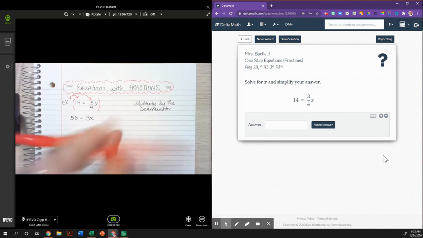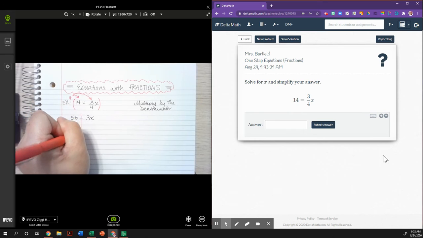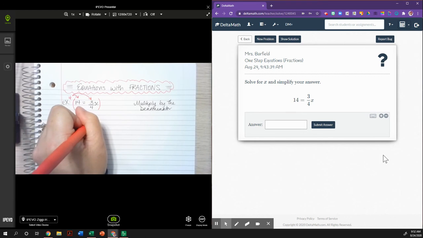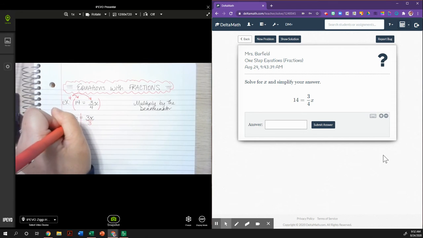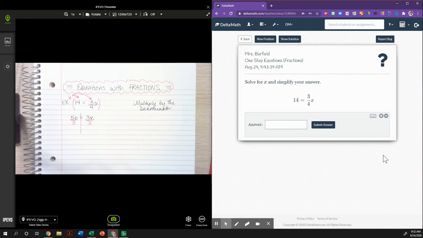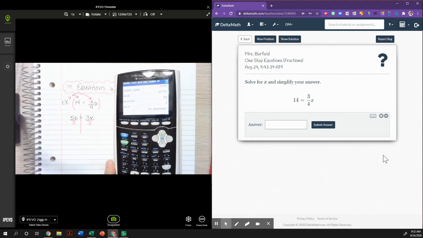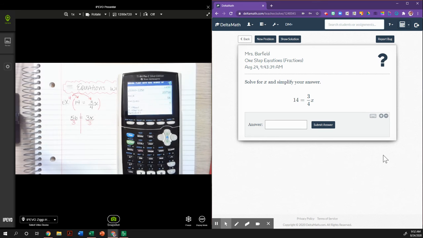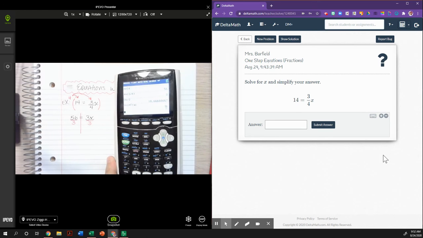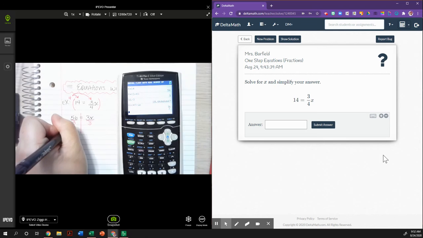So now if I want to solve, I'm going to divide both sides by 3. So 56 divided by 3 gives me 18.66, or simply 56 over 3.